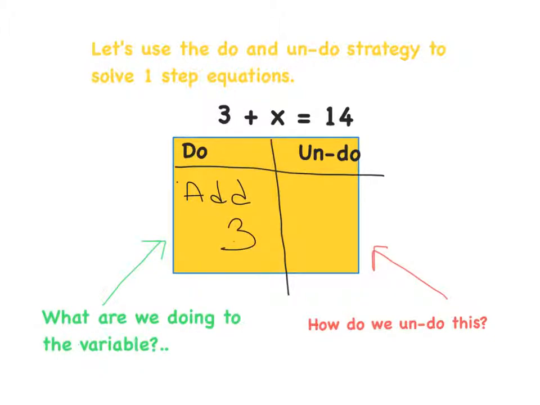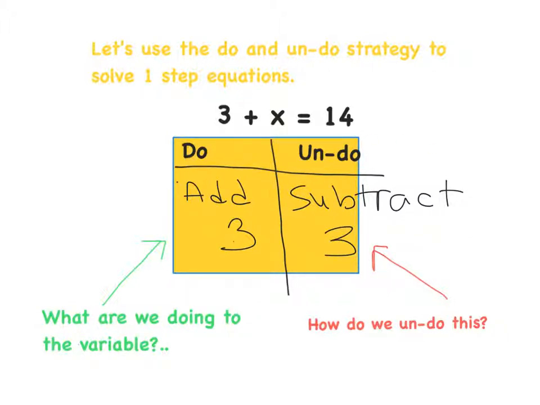Now, in order to undo adding 3, we would do the opposite, which would be to subtract 3. So we undo adding 3 by subtracting 3.